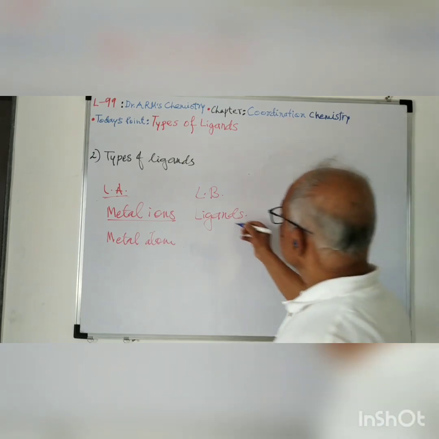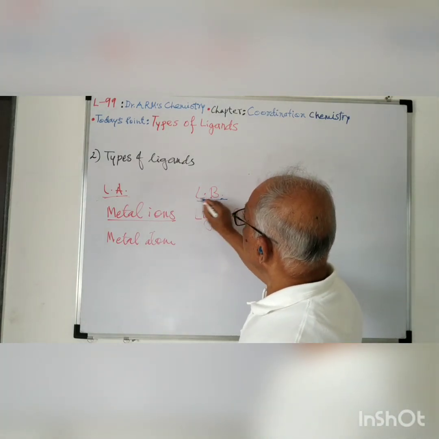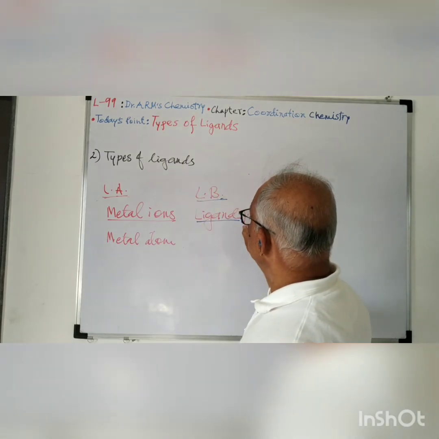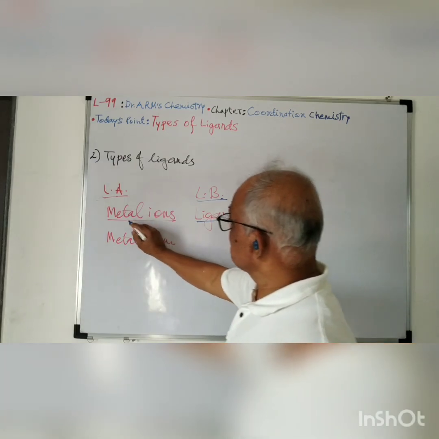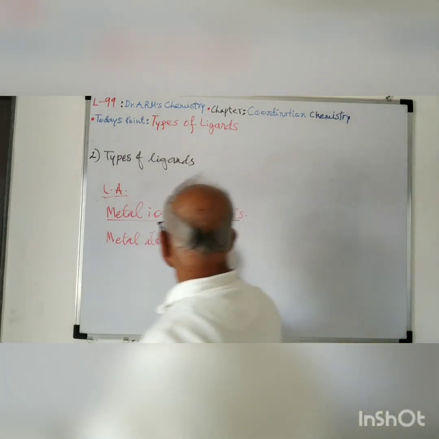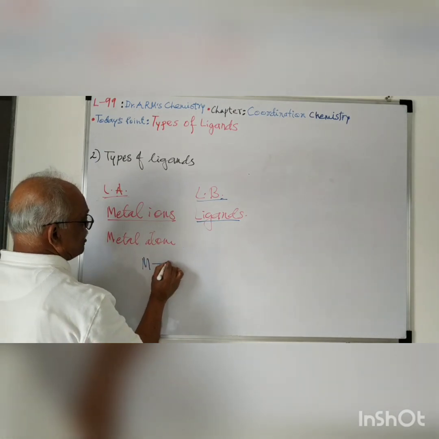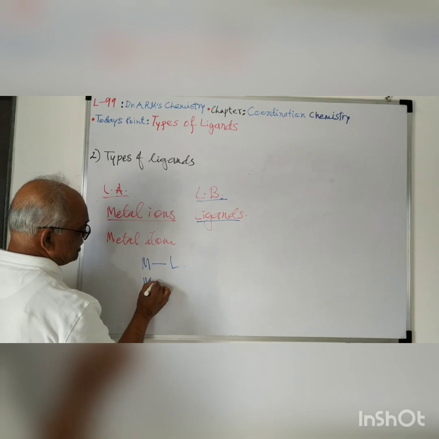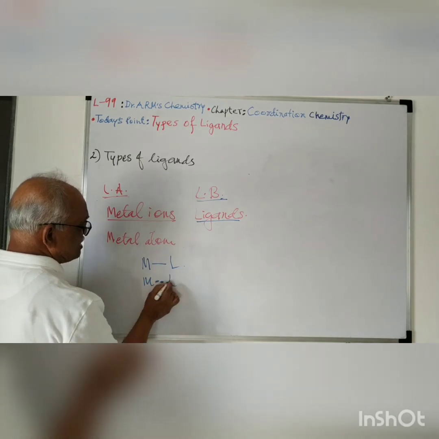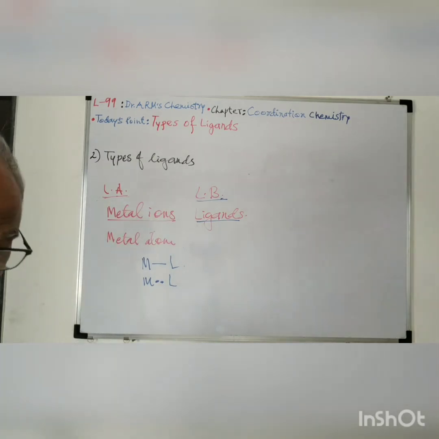Now we will see the Lewis bases, which are also called ligands. We know that the metal ions in a complex are bonded with ligands by means of a lone pair which is shared by the ligand with the metal ion.